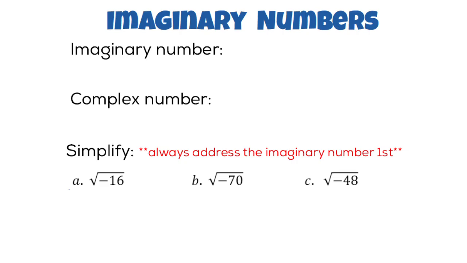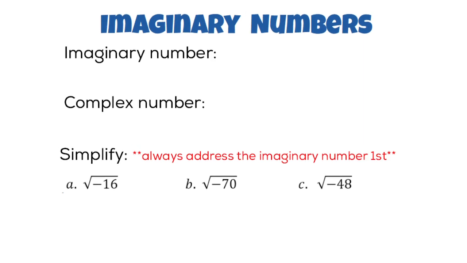Before we just jump in and do computation on complex numbers, let's distinguish an imaginary number from a complex number. An imaginary number is one that you should be familiar with. It might be something like 5i. That would be an imaginary number.